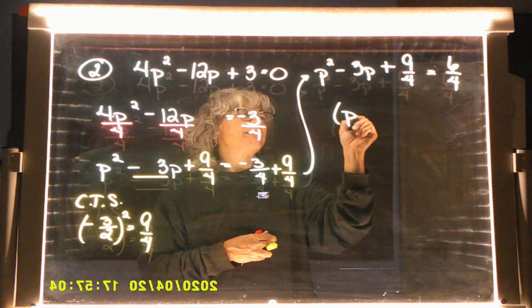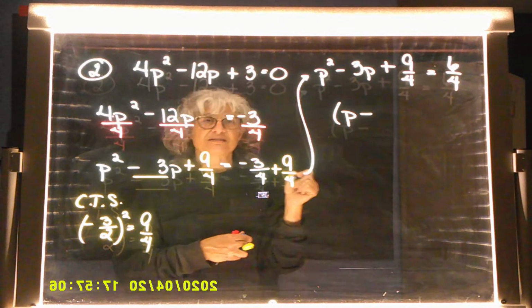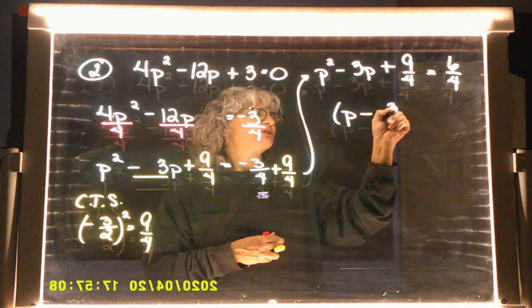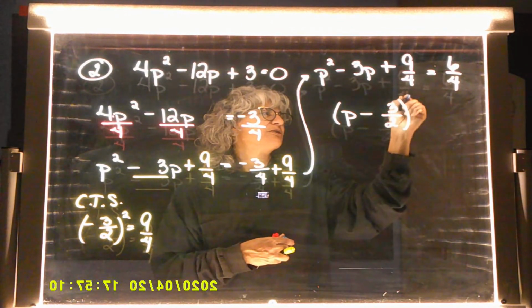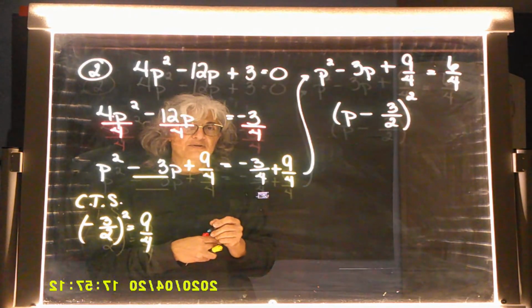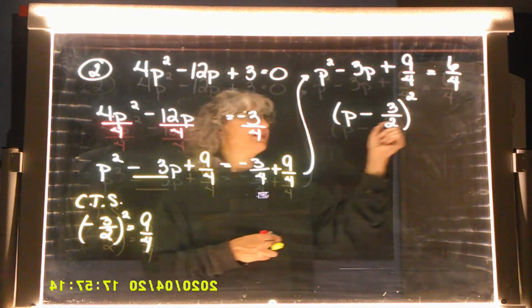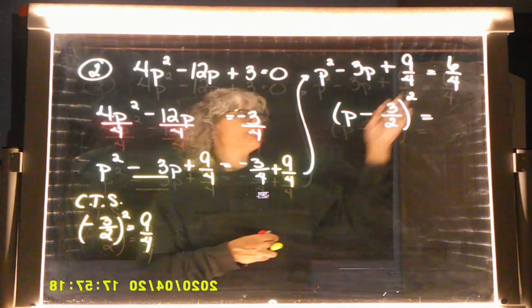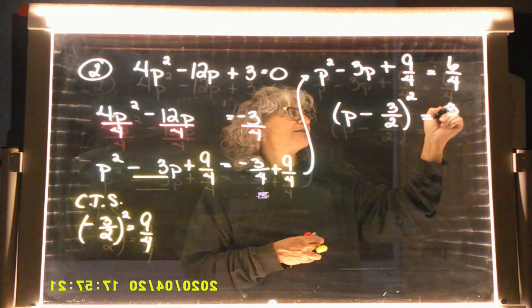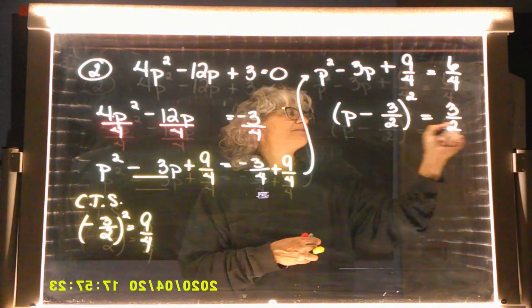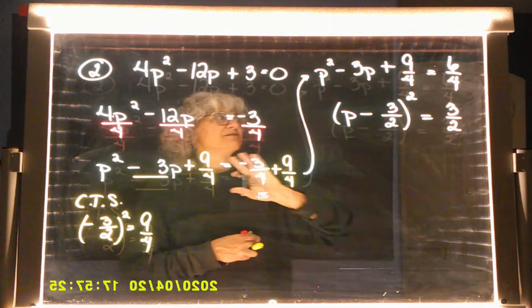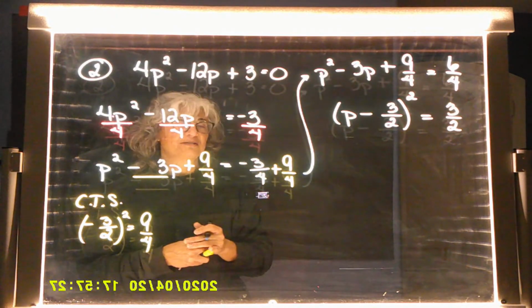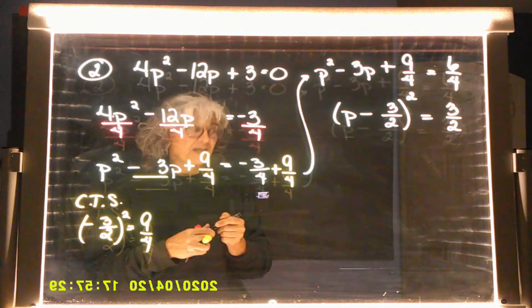We're going to get p minus, good, 3/2, quantity squared. And 6/4 reduces, doesn't it? Yeah, 2 goes into here 3 times, 2 goes into here twice. That's a coincidence. Don't think anything of it. It's a coincidence. Cool? Okay.